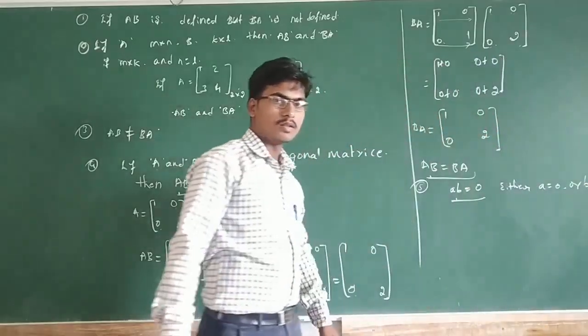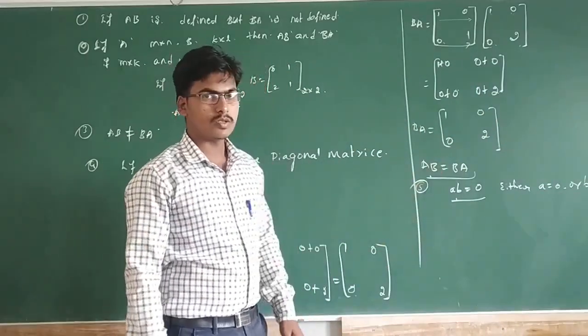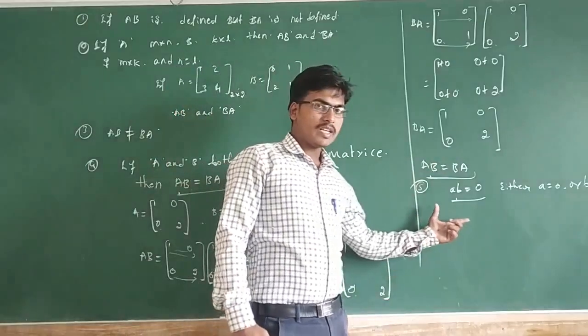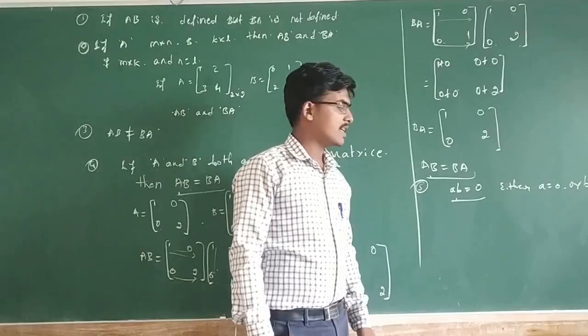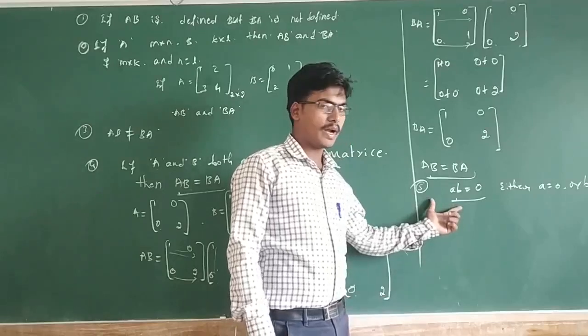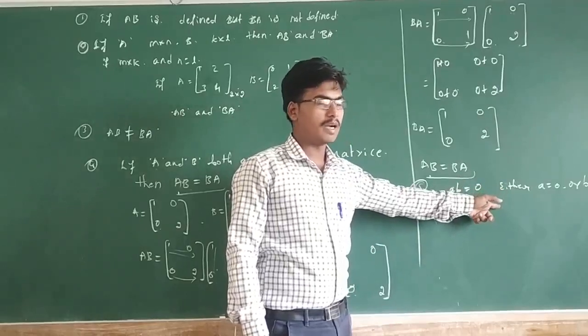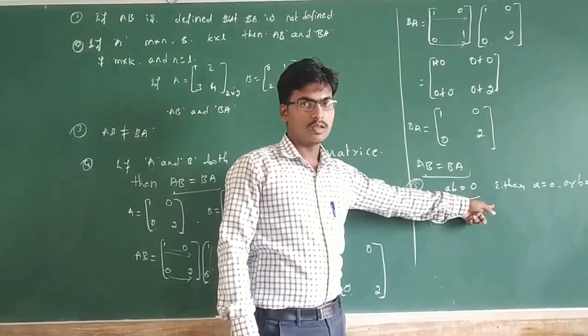In general, either A is equal to 0 or B is equal to 0. But in matrices, the multiplication of two non-zero matrices is equal to the zero matrix.